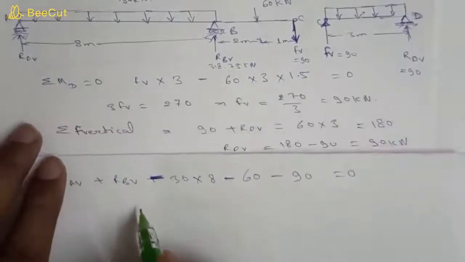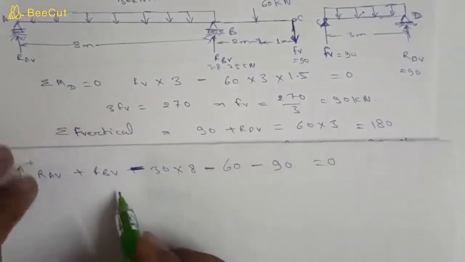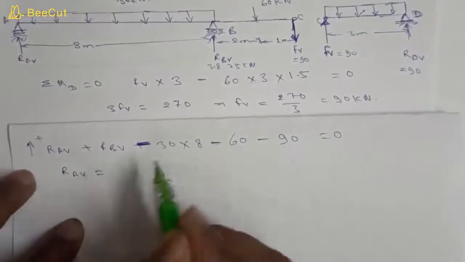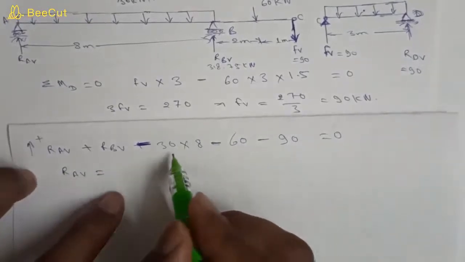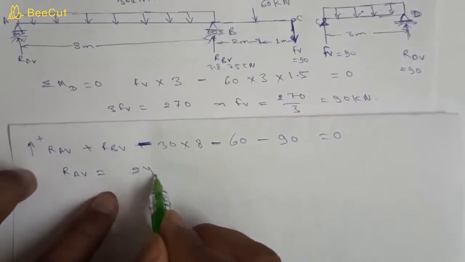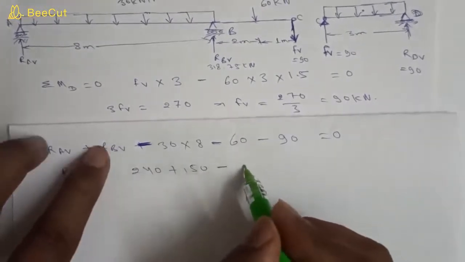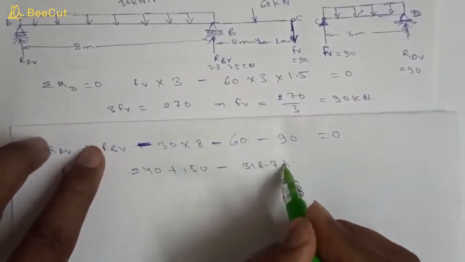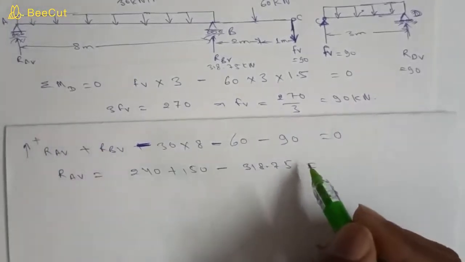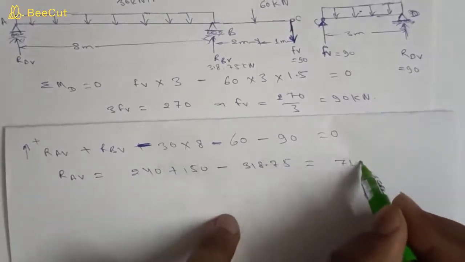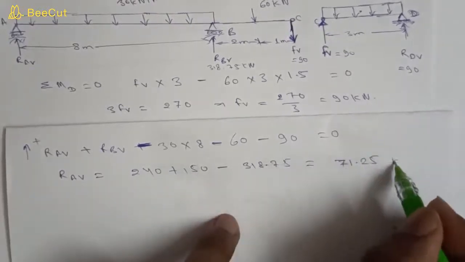We have already found the value of RBV. So RAV is equal to 60 plus 90, 150, and 240 plus 150 minus RBV. RBV is 318.75, so RAV will become 71.25 kN.